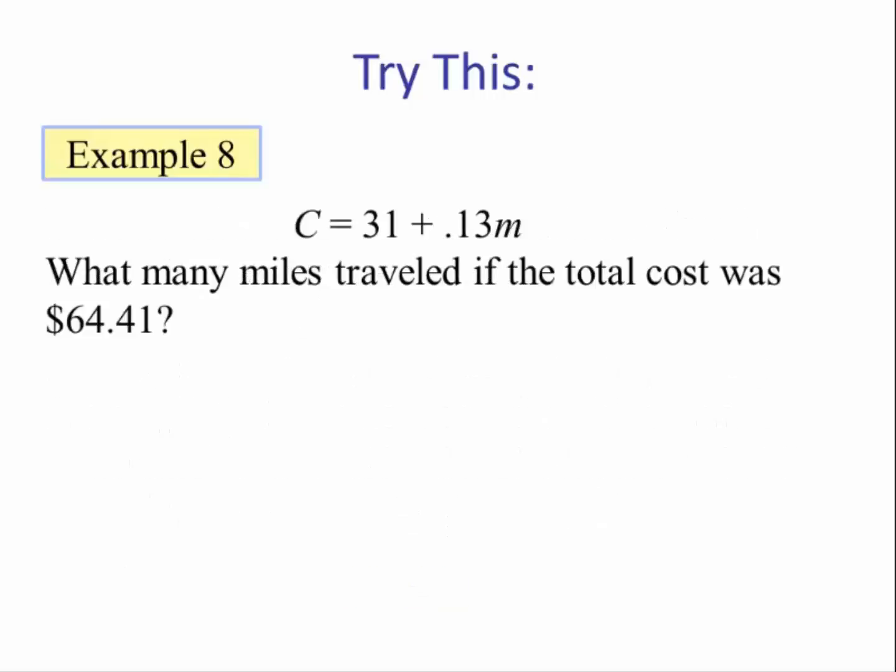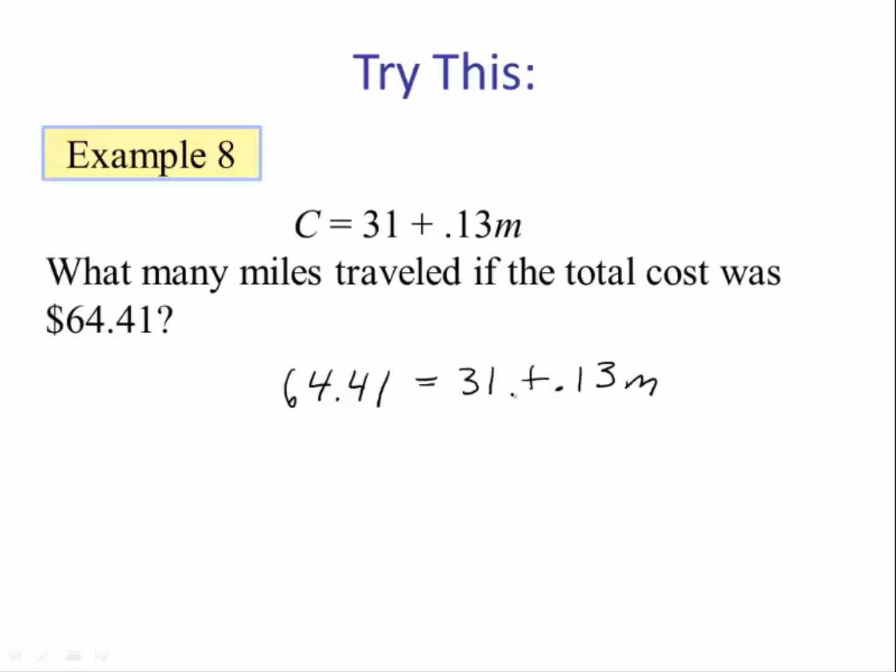The next question asks how many miles were traveled if the total cost was $64.41. In this question, we want to find the number of miles and we're given total cost. So C is $64.41. That is equal to 31 plus 0.13m.